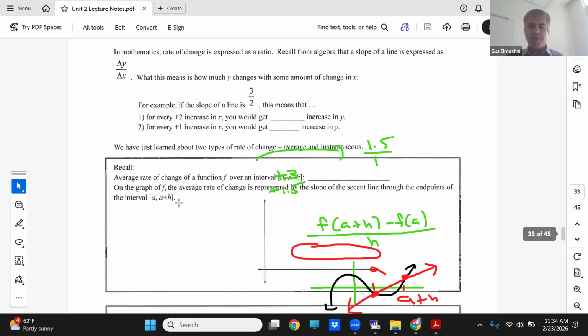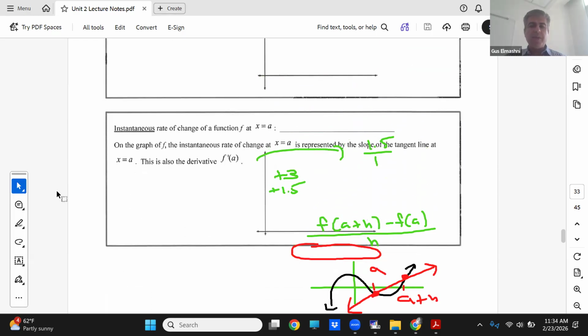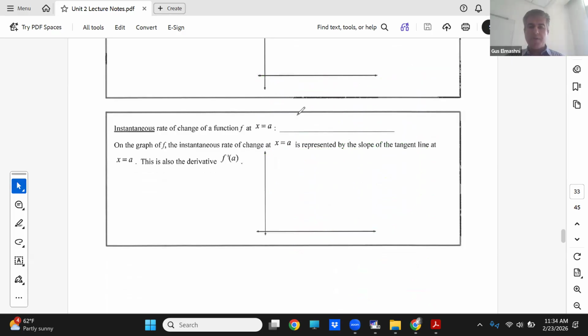So that's pretty straightforward. However, instantaneous rate of change is a derivative, right? Or it's a limit, a limiting case. The limit as h approaches zero of f of a plus h minus f of a, all over h.